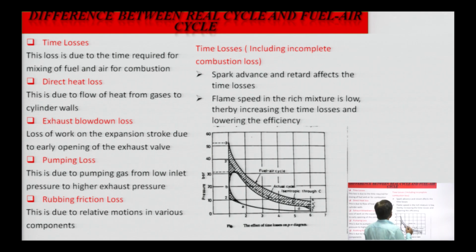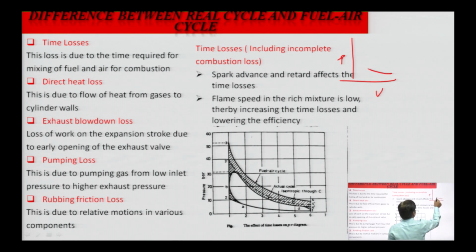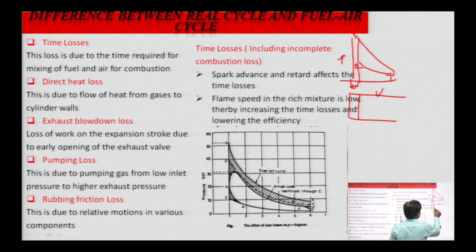You can see here in the Otto cycle, in the ideal or fuel air cycle, combustion goes from 2 to 3. When 2 to 3, the clearance volume remains the same, meaning the piston remains at this position, the top dead center or inner dead center.